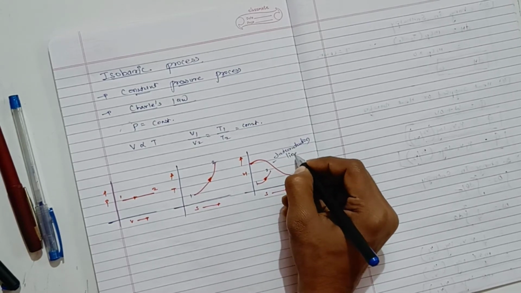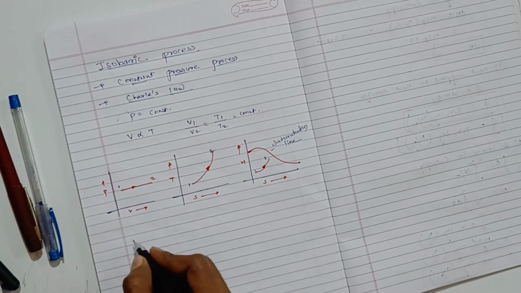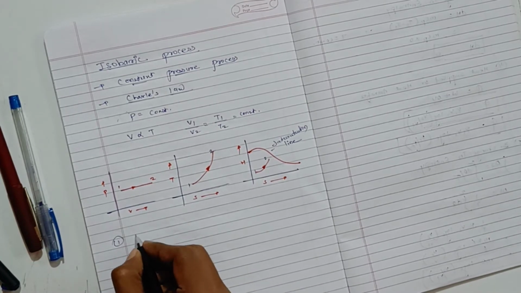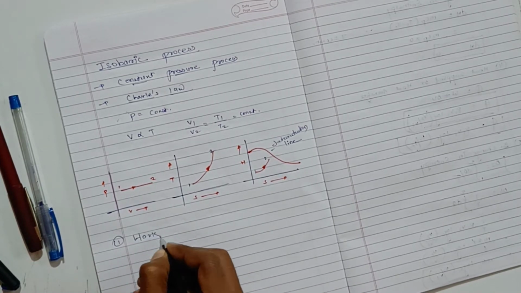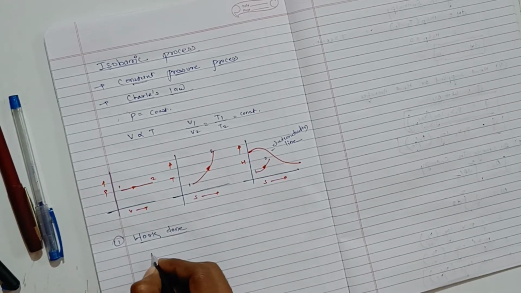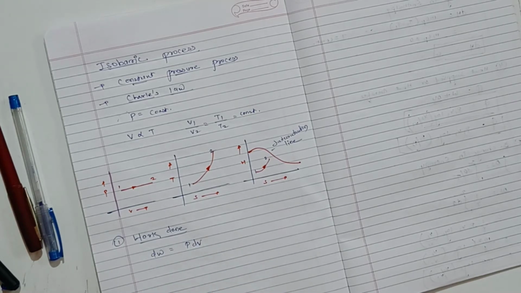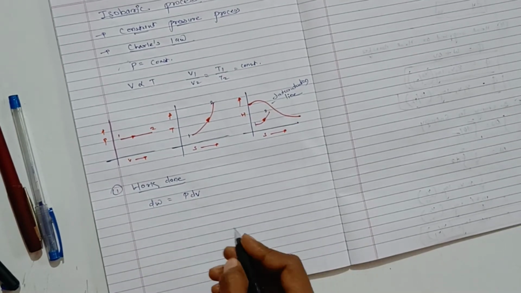This is the saturation line. In this process we can find all the parameters, like work done. You know that dW is equal to P dV.